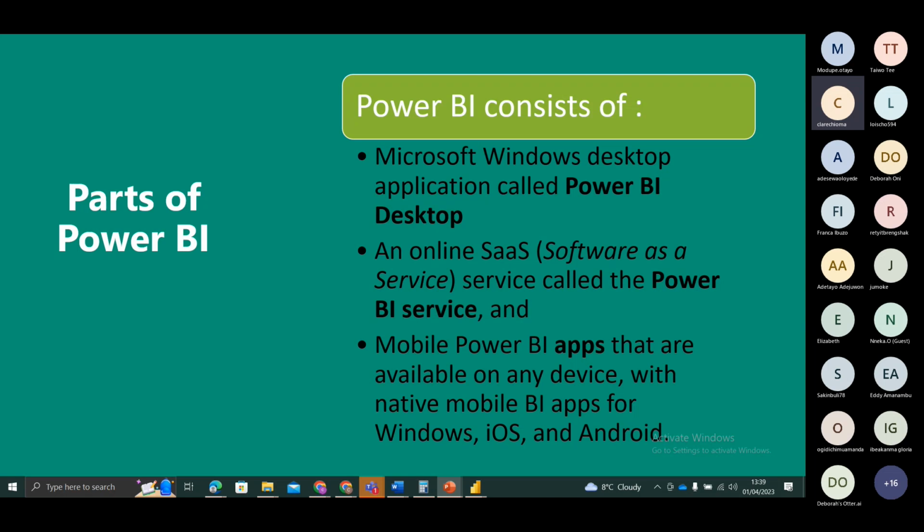We also have the online SaaS, which is software as a service, which is Power BI Service. This is the cloud part of our Power BI where you go online, and it helps us to collaborate with so many people. So the difference between the desktop and the Power BI Service is the fact that desktop is sitting on your desktop, on your laptop, on your computer, on your device.